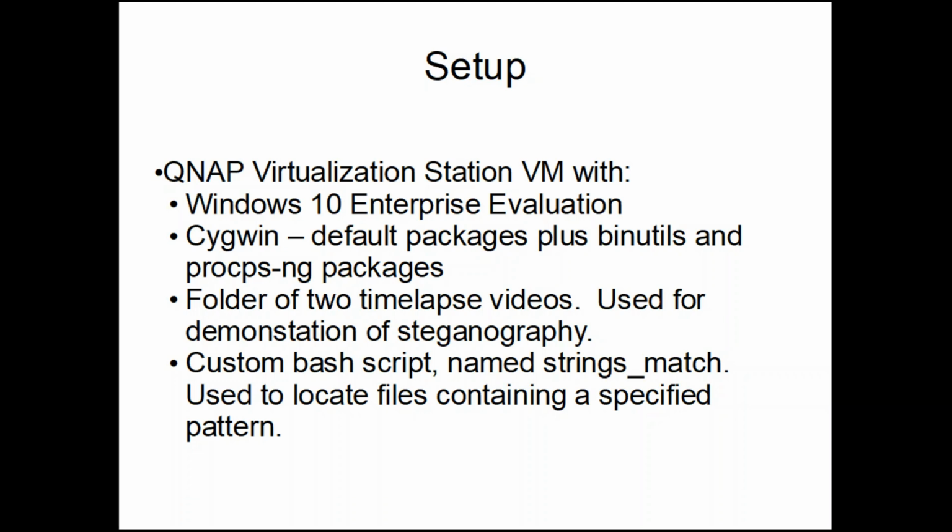The VM has an evaluation version of Windows 10 Enterprise, a default installation of Cygwin, plus the Cygwin bin utils and procps packages. Cygwin is used in this demonstration to provide a set of Unix lookalike commands that are used in various situations during the demonstration.